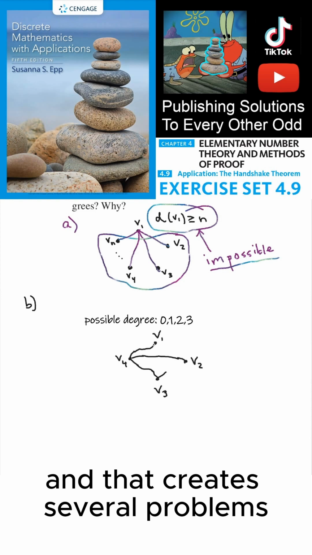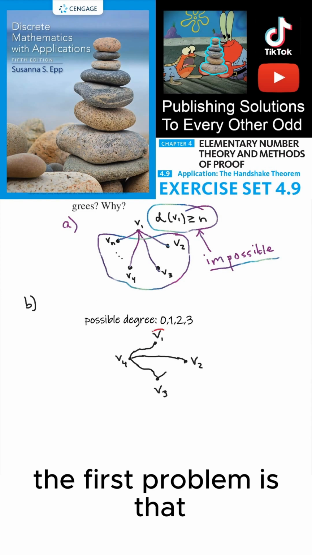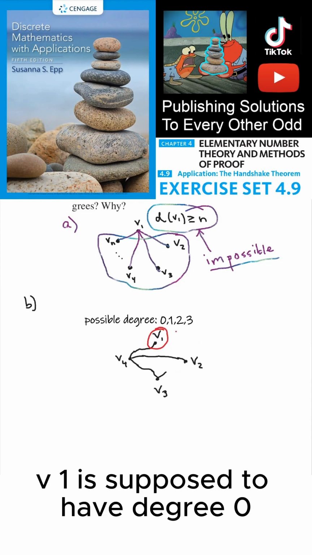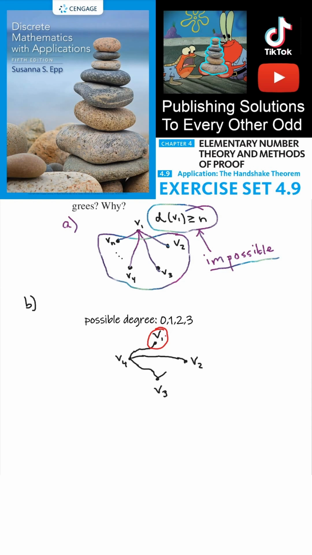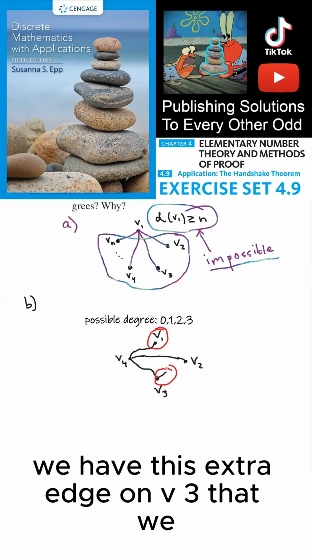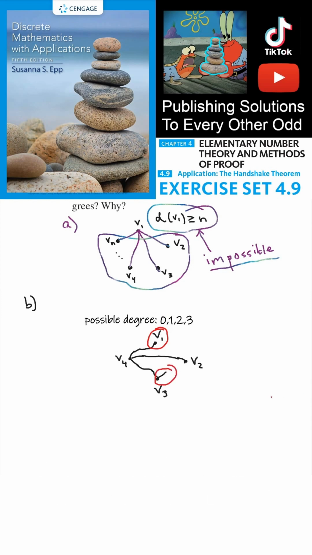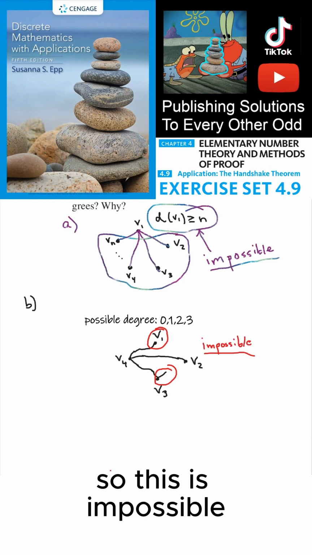And that creates several problems. The first problem is that v1 is supposed to have degree 0, meaning that it is an isolated vertex. So that's a contradiction. The other problem is we have this extra edge on v3 that we can't do anything with now. So this is impossible.